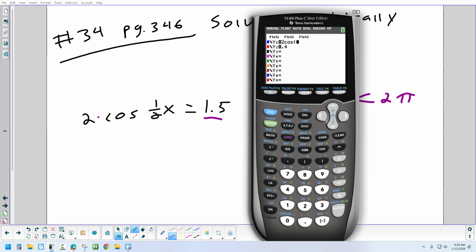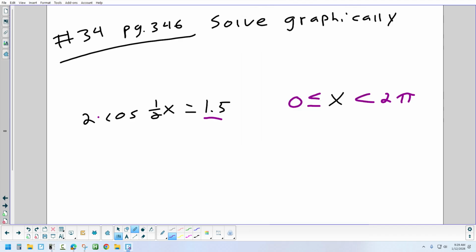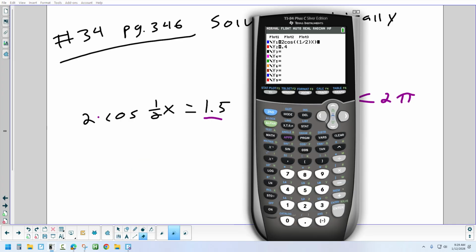So this is one way you can do it: 2 cosine 1/2 x. You don't want to type it in as cosine 1 over 2x, because the calculator will think you want this. You don't want that x in the denominator. So by putting an extra set of parentheses, I avoided that problem.